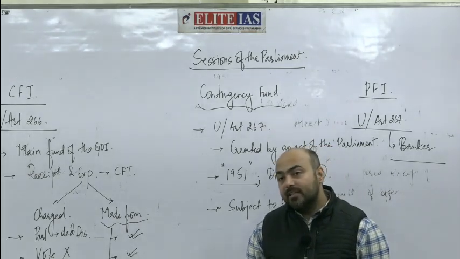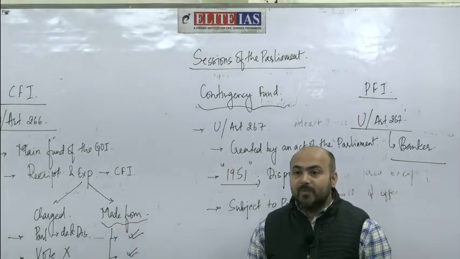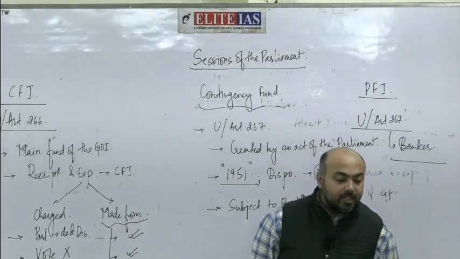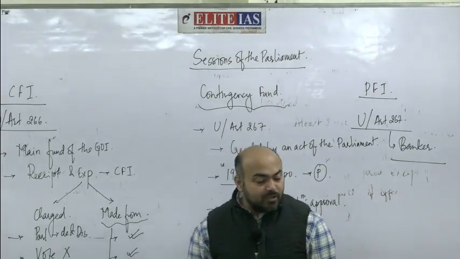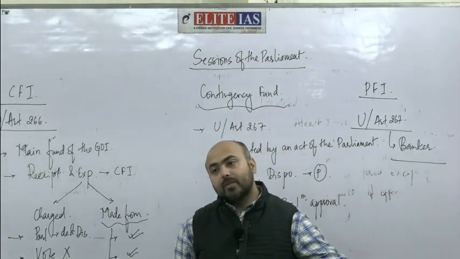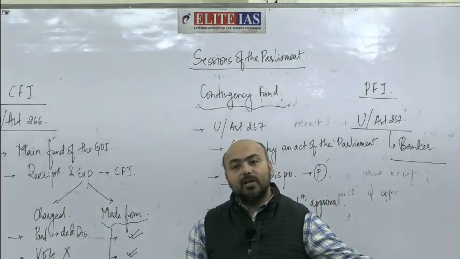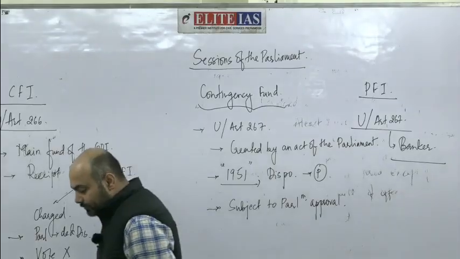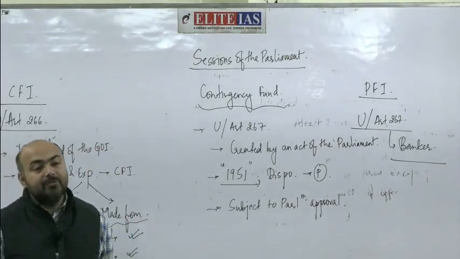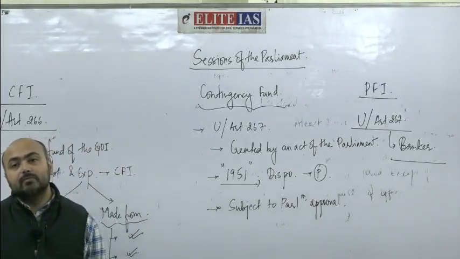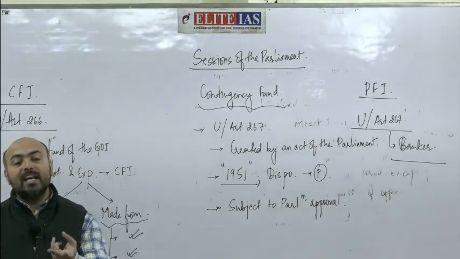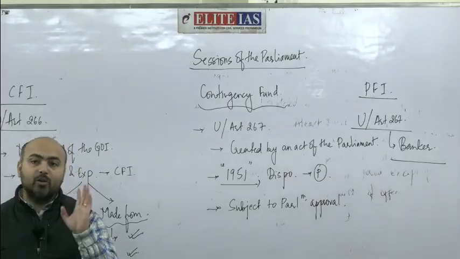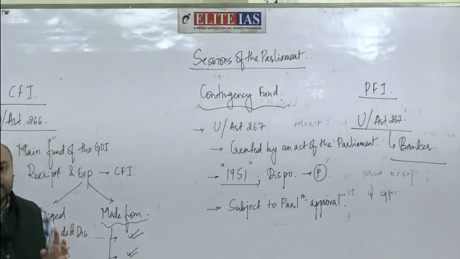So if the bill is in Lok Sabha, it has not been passed by the Lok Sabha, it has been introduced in the Lok Sabha, it lapses. Second, the bill has been passed by the Lok Sabha, but is pending before the Rajya Sabha, which means it has been passed only by the Lok Sabha and not by both the houses. That bill also lapses.